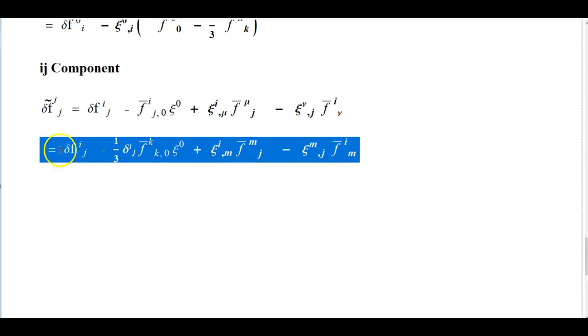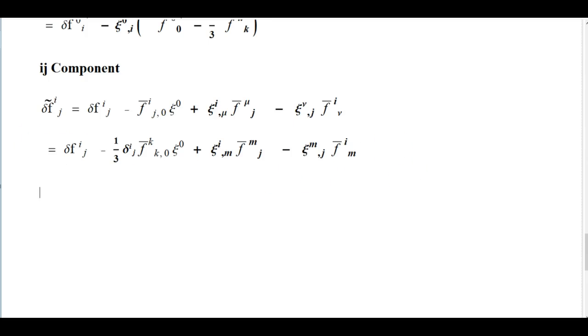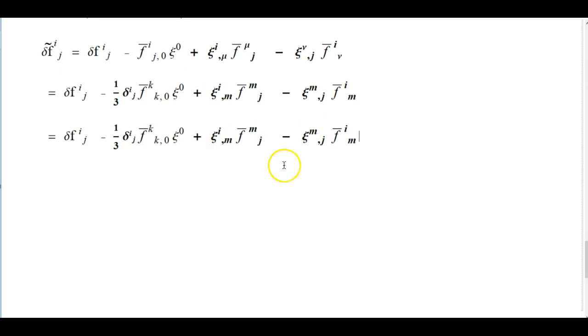Now the next simplification: f bar mj is basically 1 by 3 delta mj f bar kk.